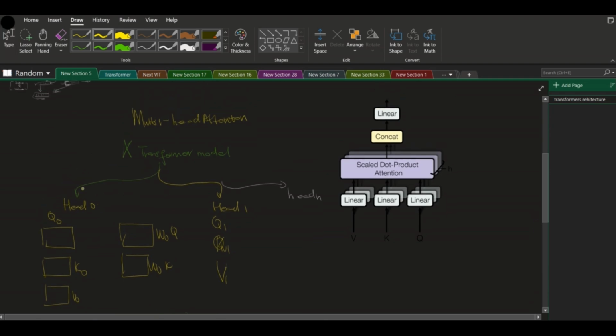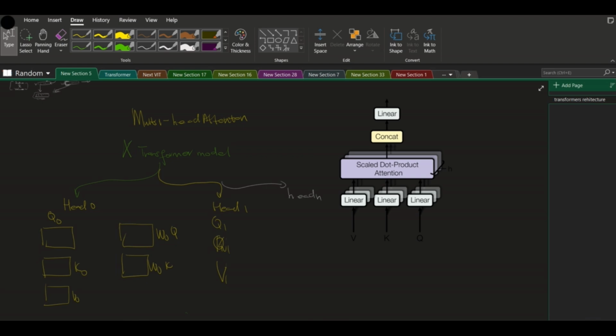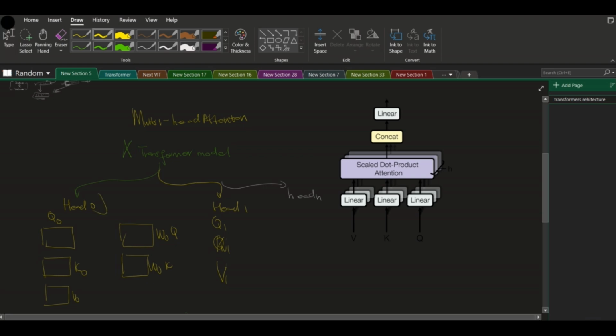Some of you might be thinking, don't you think the computation will now be expensive because we have a head here and another head here? I want to make sure that you understand this: for each head, we take the dimension of the model and divide by the number of heads. This will give us maybe 64.